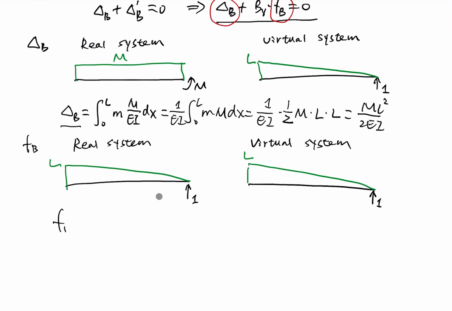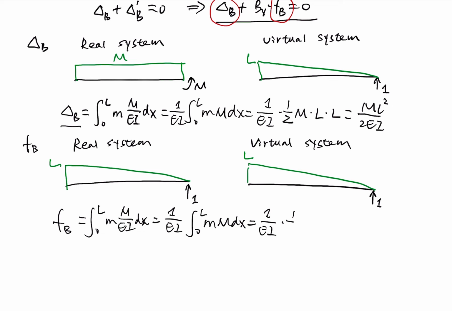So FB equals the integral from 0 to L of small m, capital M over EI dx. We put EI outside of the integrals, 1 over EI, 1 over 3, M1, M3, times L. We got the result L cubed over 3EI. So this is FB.